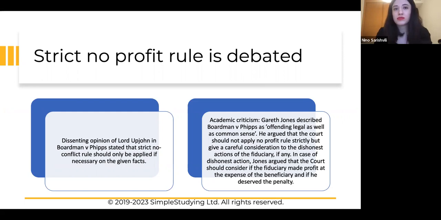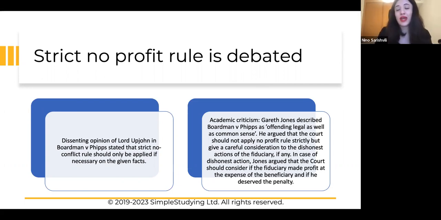However, as you probably know, this strict no profit rule is debated. Even in the case of Boardman versus Phipps, there is a dissenting judgment of Lord Upjohn, where he argued that we should not apply the strict no profit rule as a strict principle without regard to the facts.